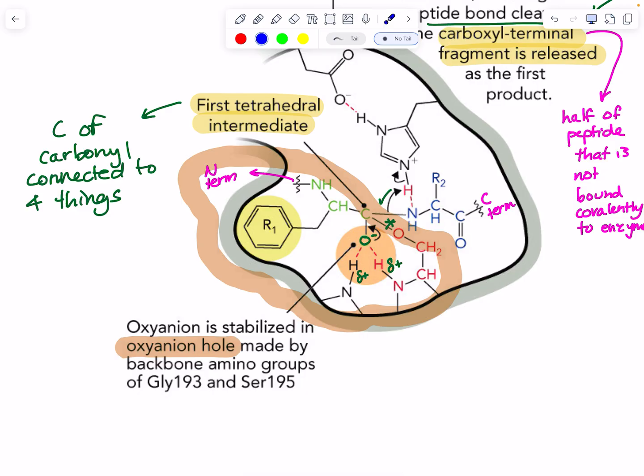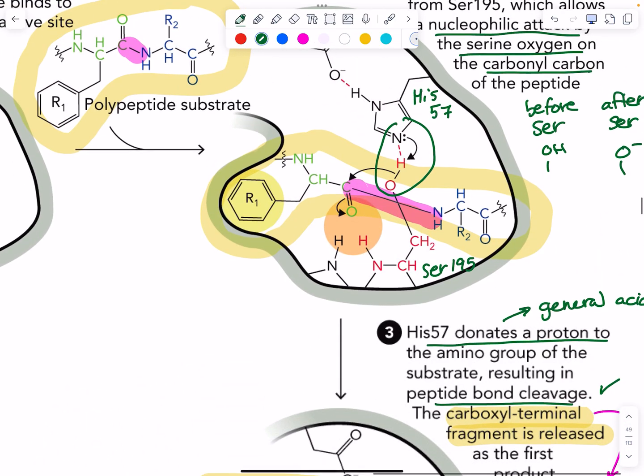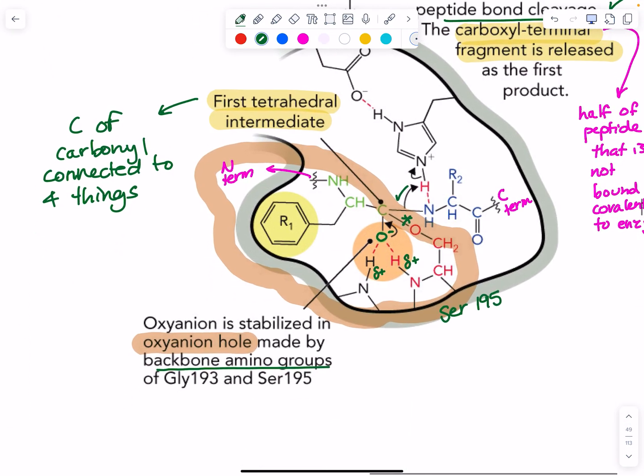So the question is, where do those residues come from, and where do those hydrogens come from? And this is kind of unusual, right? The hydrogens come from the backbone amino groups. So remember serine 195 is the residue that forms the covalent intermediate.